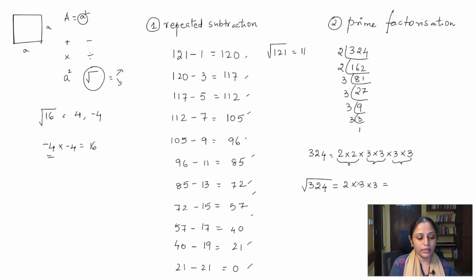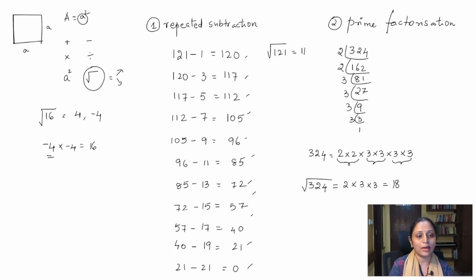The logic is very clear, right? Because why are we using 1 for each pair? Because the square root of 2 into 2, which is 4, is 2, right? The square root of 9 is 3, and so on. So when you take the product, you're going to get 3 into 3 into 2, which is 18. So 18 is your answer, which is the positive square root of 324.